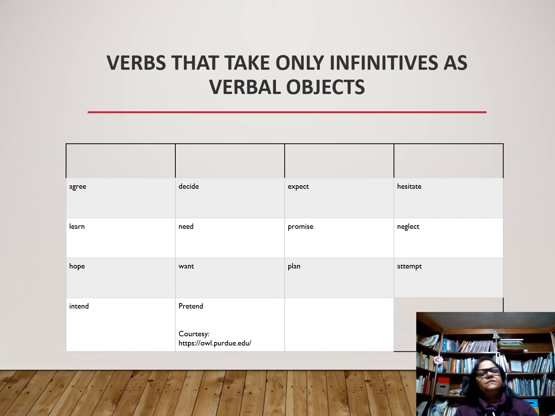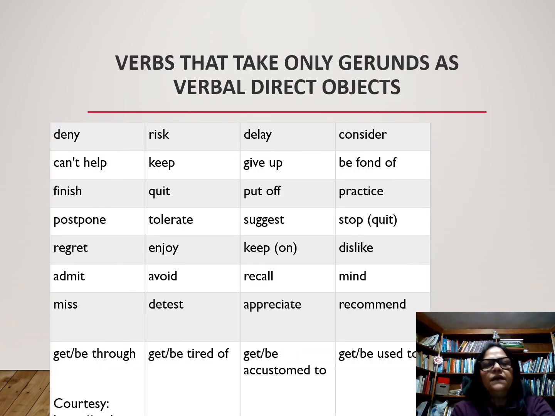I decided to go. You can't say I decided going. I plan to visit you. I plan visiting you is incorrect. And you can practice with all these words and you will discover things on your own. So here are some words that take only gerunds as their objects.